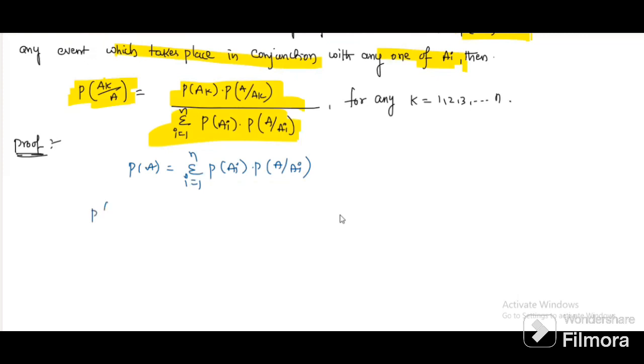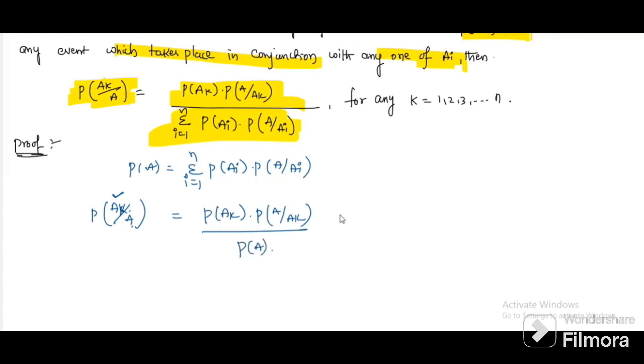Here, what Bayes' theorem says is, if we know that A has happened among A1 to AN, what is the probability that event A comes from AK? That we can write as P of AK into P of A by AK divided by P of A.